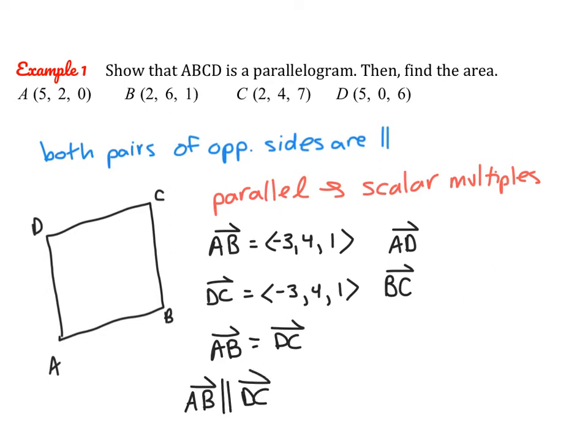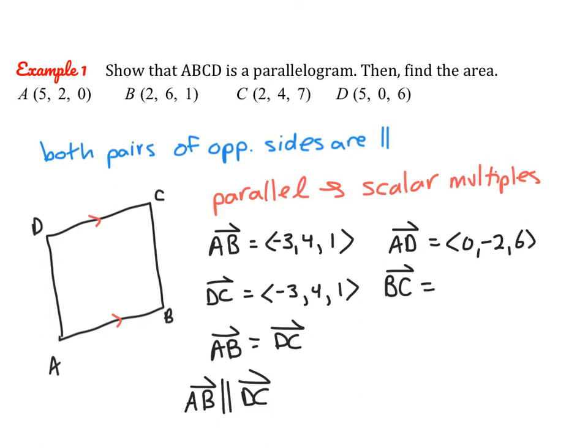However, this is not enough to show that this is a parallelogram. We have to show that both pairs of opposite sides are parallel. Let's first mark what we just showed: AB is parallel to DC. Now we need to check these 2 vectors. Let's find the component vector of AD. I'm using D as my terminal point. So 5 minus 5 is 0, 0 minus 2 is -2, and 6 minus 0 is 6.